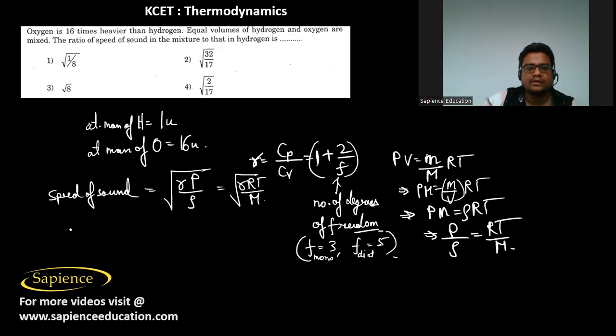So the value of gamma for hydrogen is same as the gamma for oxygen, which will be equal to 1 plus 2 by 5, which is equal to 7 by 5, since both are diatomic gases. And so here, the pressure will be the same only.